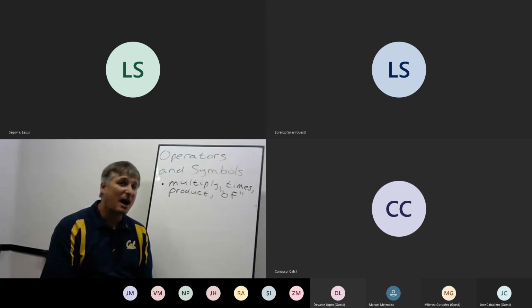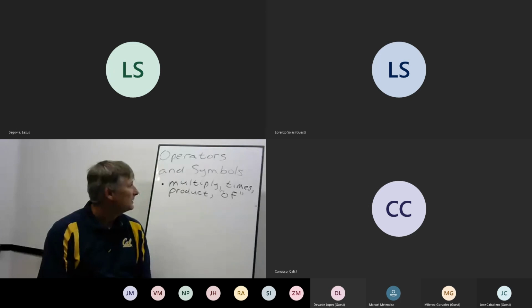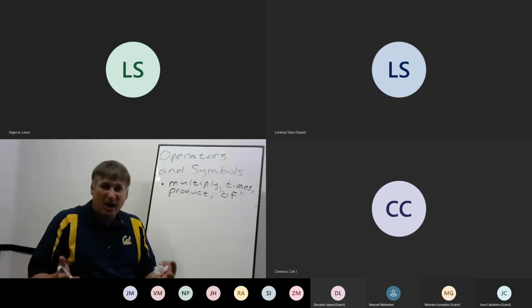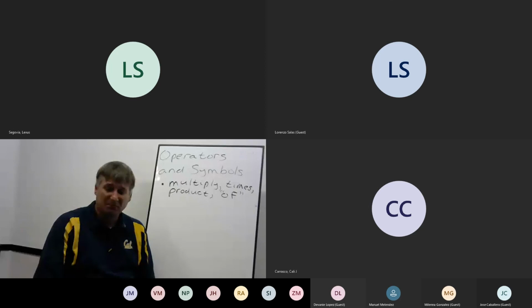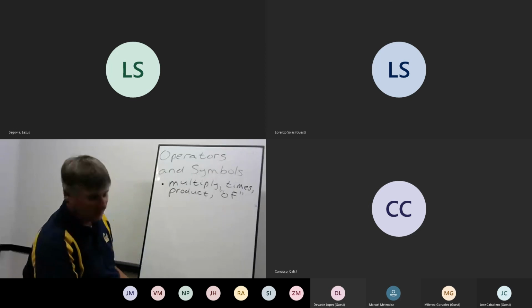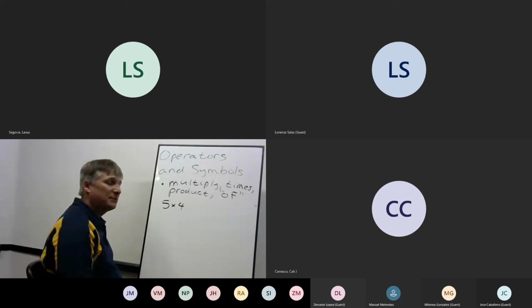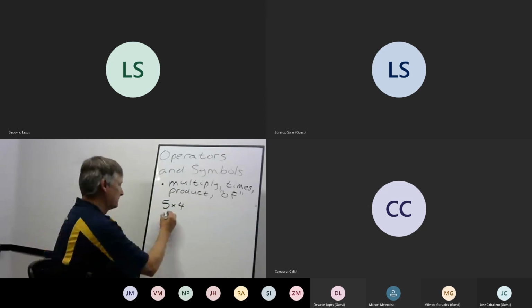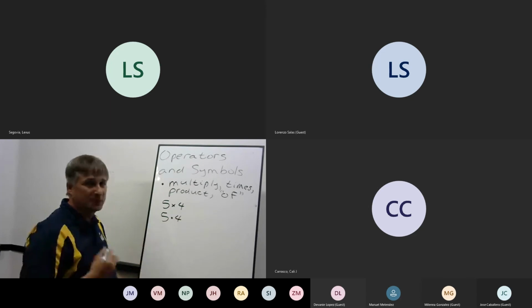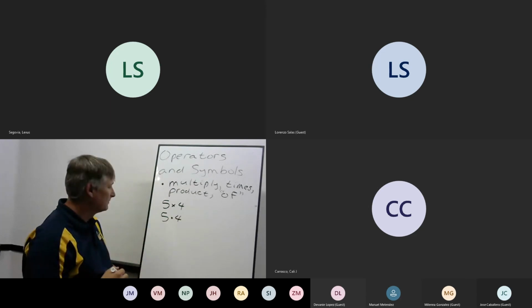That means 1/2 times 10. So multiply, times, product, or how we use of with fractions. So that's 5 times 4. So is this. There's 2 ways of writing it.